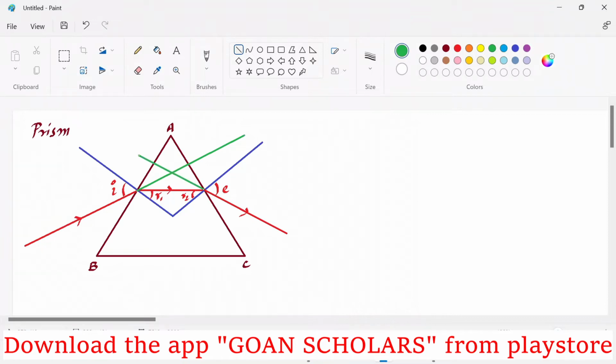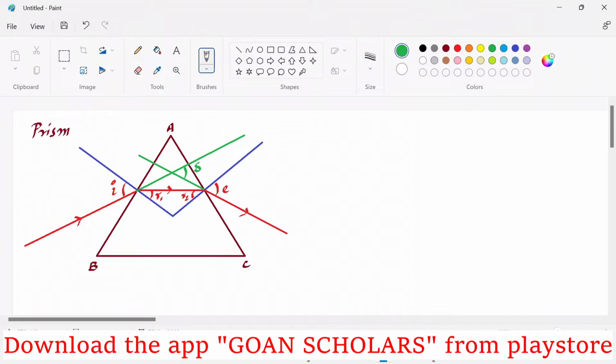So these two green rays are called the extended incident ray and the extended emergent ray. And the angle made by both, we call it the angle of deviation, and that is our delta. What is delta? The angle of deviation.